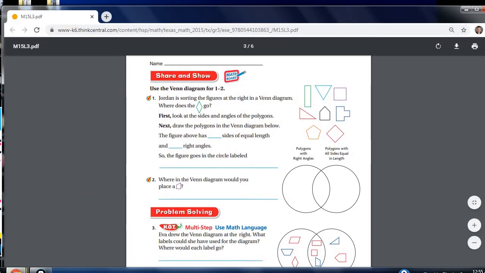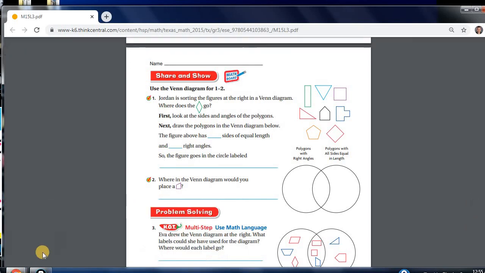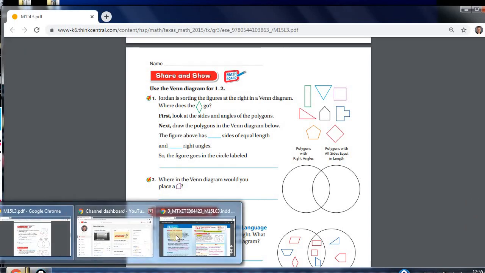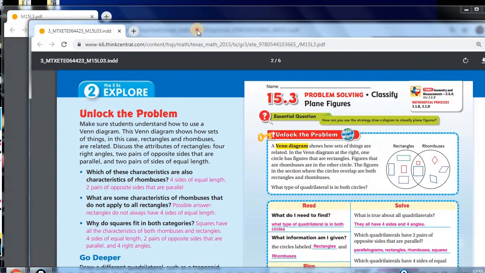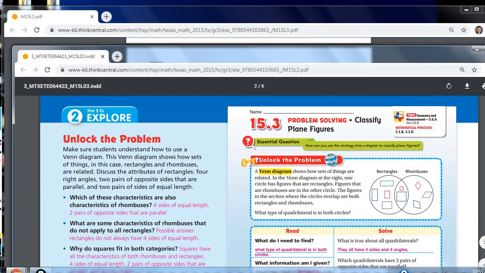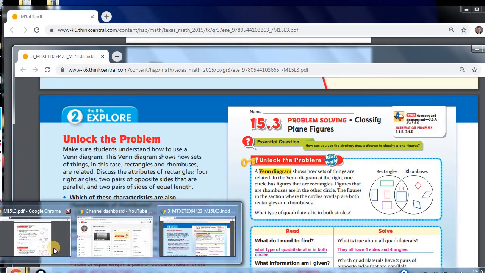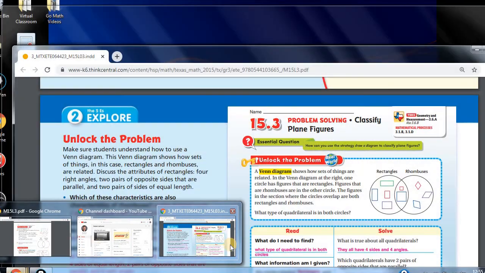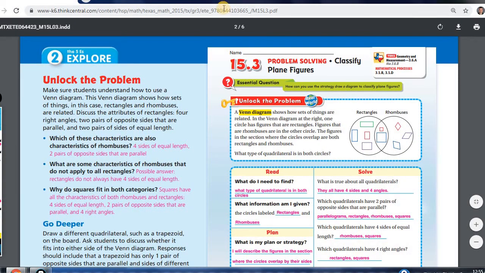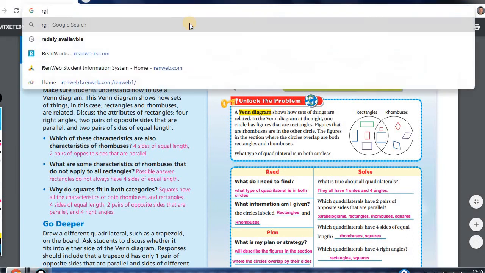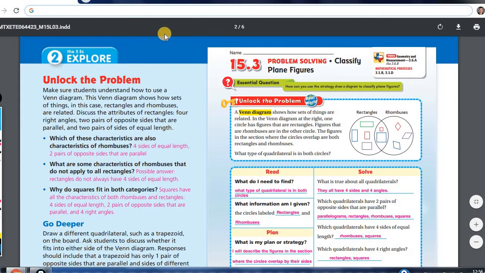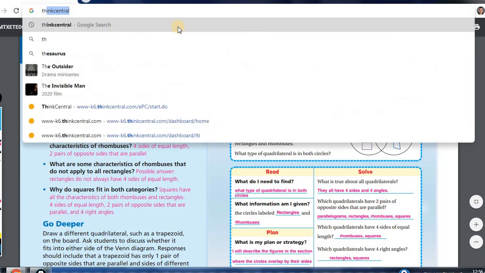Oops, oh, I closed it. Did I close it? I'll show you where you find it. Okay, let me go and show you. You go to your Think Central site.